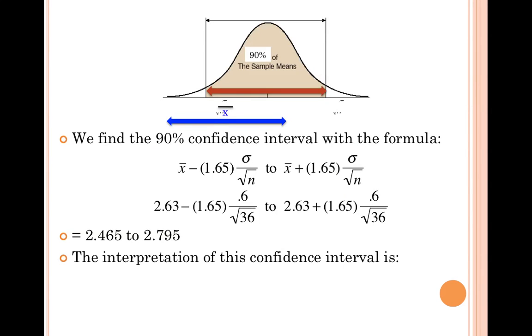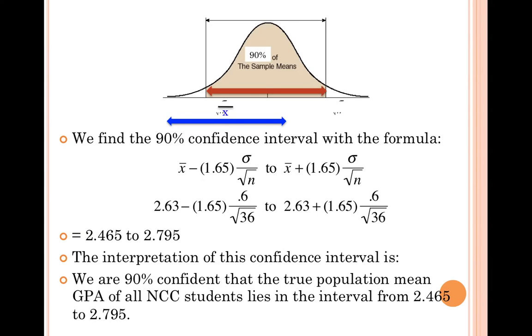And when we're asked to interpret the confidence interval, we're going to say something like the following. We are 90% confident that the true population mean GPA of all NCC students lies in the interval from 2.465 to 2.795. Okay, so when we arrive at this range of values, it's not absolute certainty.